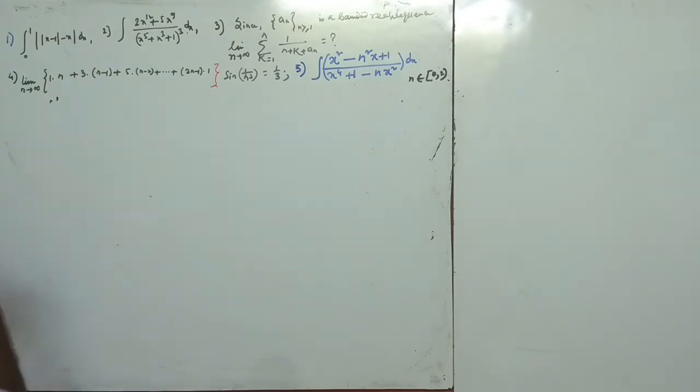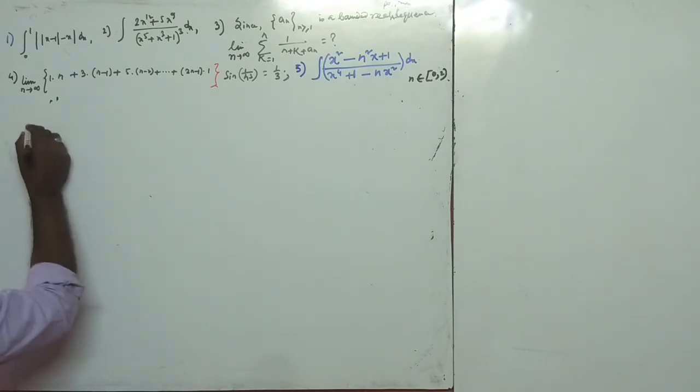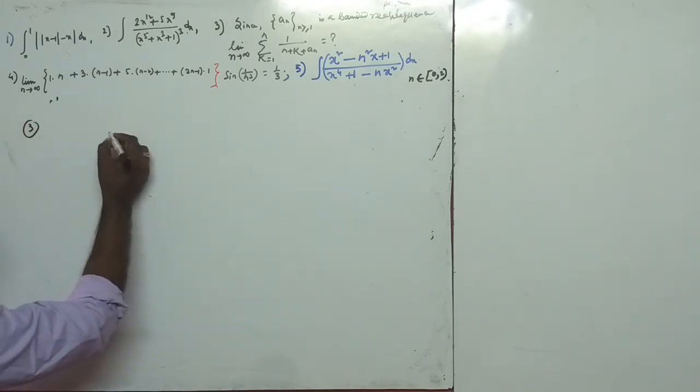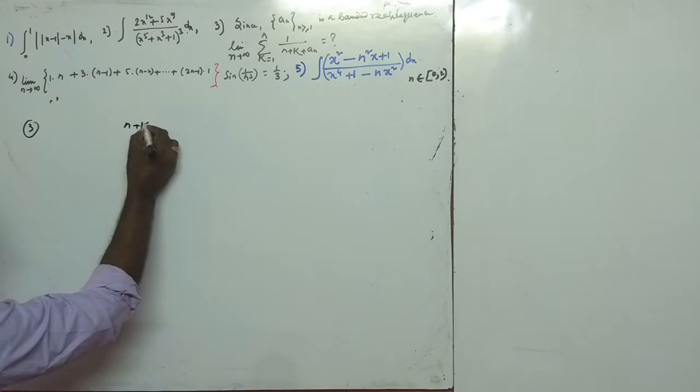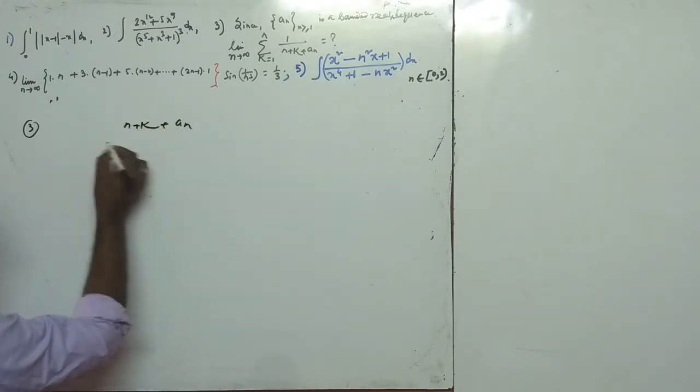Let the lower bound be small l and the upper bound be capital L. So for question number 3 you can write n + k + aₙ.